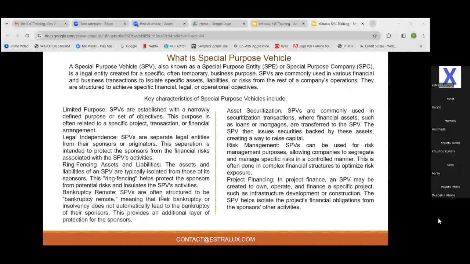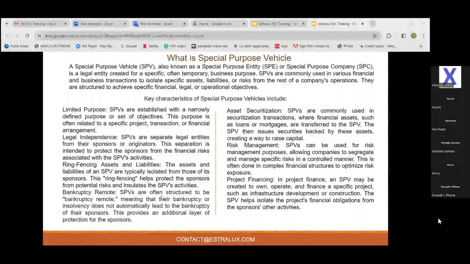Whatever I've told you right now, the key characteristics, are basically the benefits of forming a special purpose entity, the reasons why you actually create a small legal entity. If it wouldn't help anybody, then why would you create it, right? It is something beneficial to the sponsors or the originators who do that. And once it is created for maybe 6 months, a year, or 5 years, once that time period is over, they just dissolve that entity.